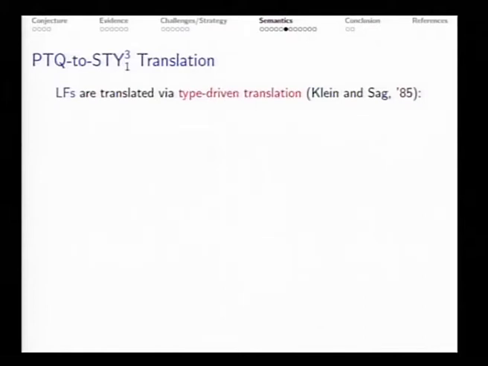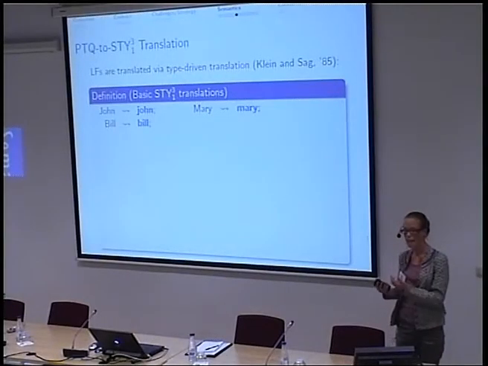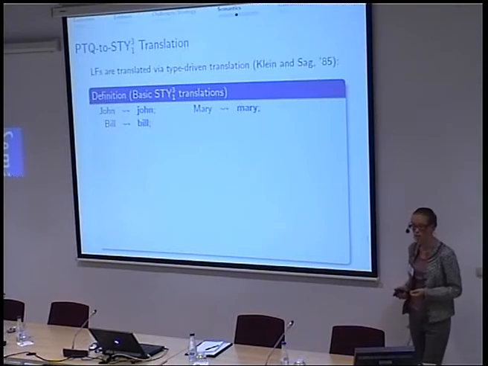We identify logical form with a component of syntactic representation which is interpreted in our single type models, and we assume further that logical forms are translated into single type terms via Klein and Sag's method of type-driven translation. The base rule of type-driven translation will then assign the proper names John, Mary, and Bill to the non-logical propositional constants, or ST constants, John, Mary, and Bill.